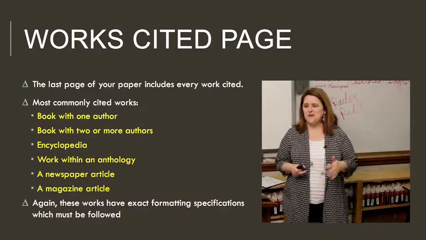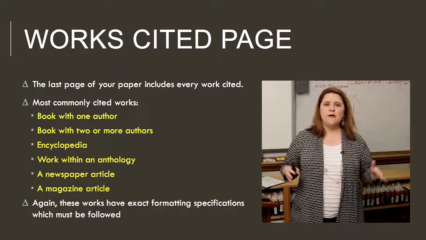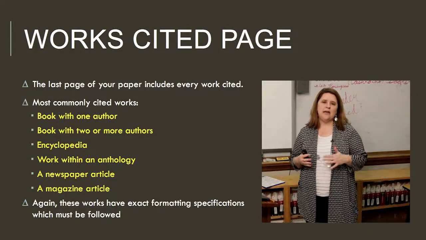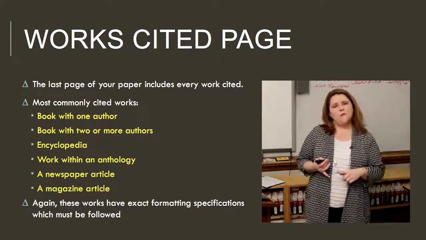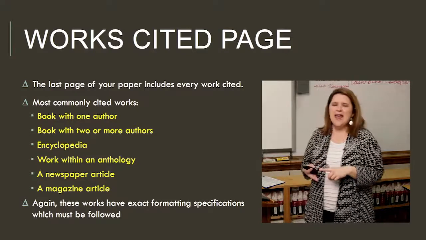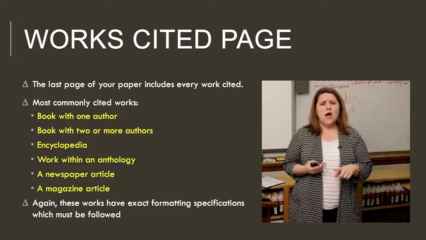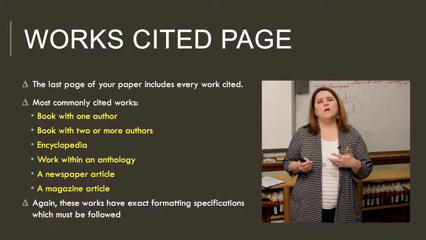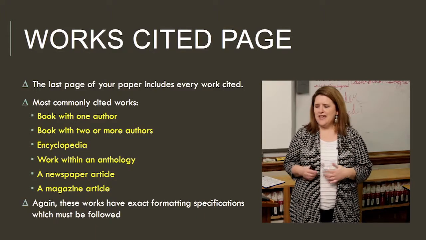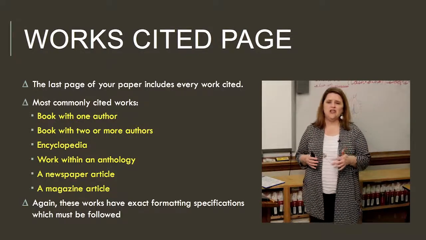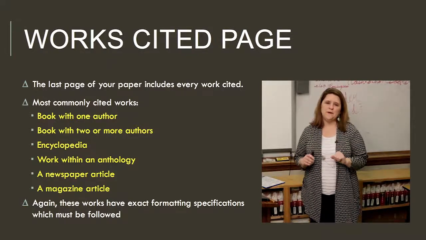The last page of your paper includes every work that you have cited. Most commonly cited works include a book with one author, a book with more than one author, an encyclopedia, a work from an anthology, a newspaper article, or a magazine article. Again, these have exact formatting specifications which must be followed.